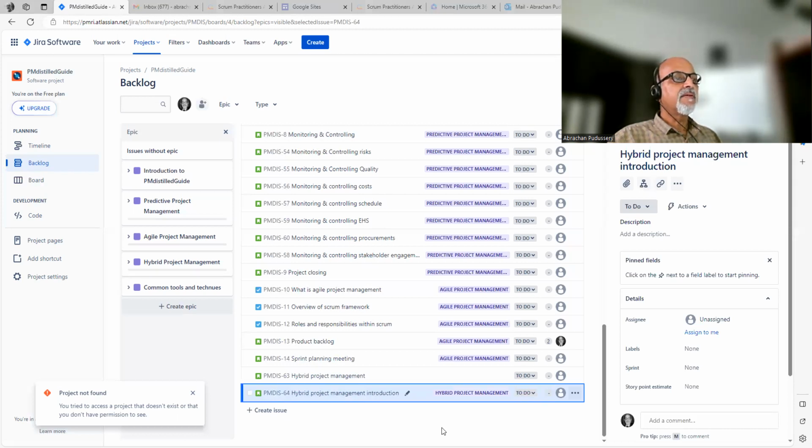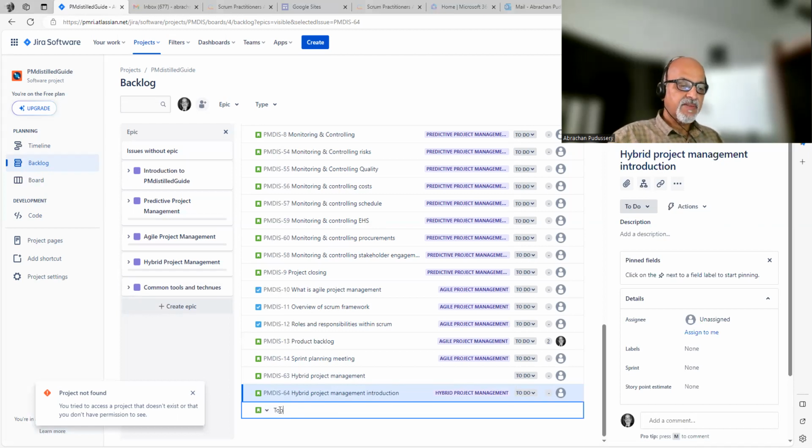And we have another epic, that is tools and techniques. So that also I should, let's say, create a story on tools and techniques introduction.